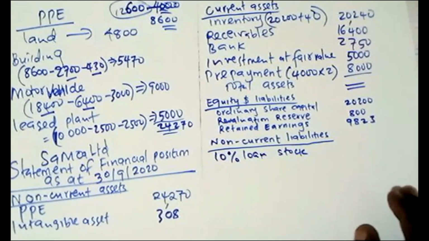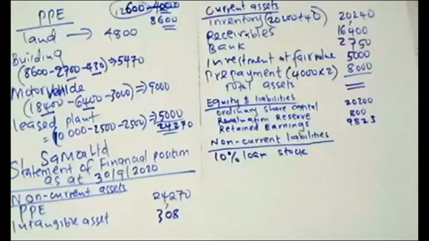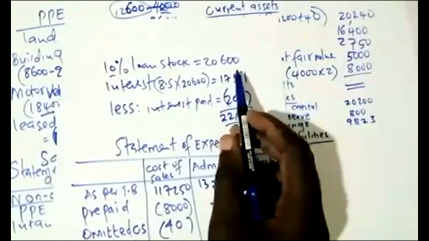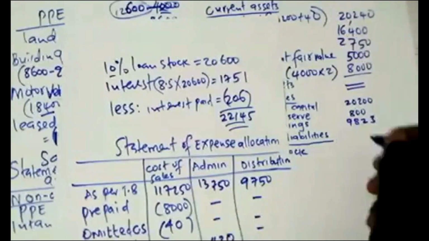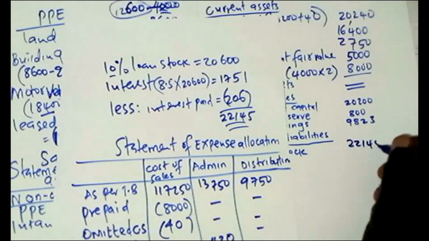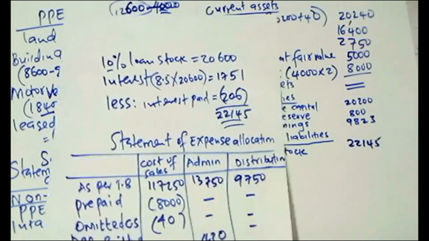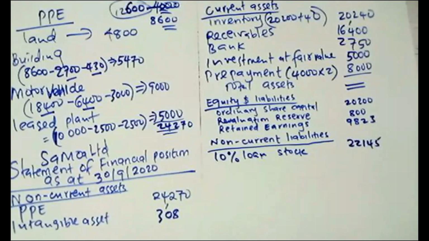The balance was the balance of the 10% loan stock. We did a working on that: 22,145. Yes, that is 22,145. So that is the working we did.